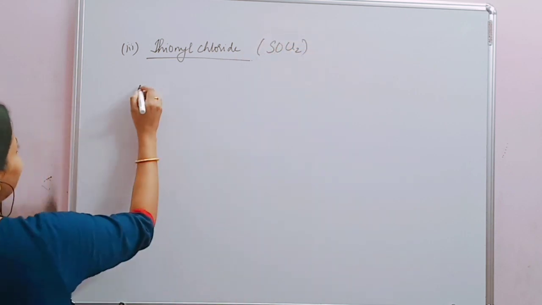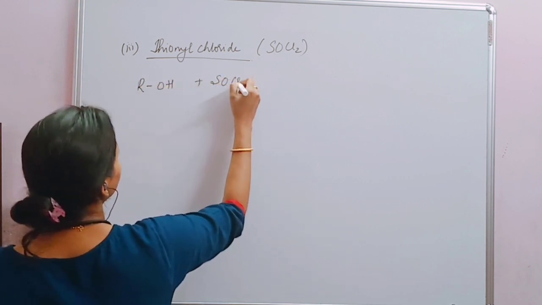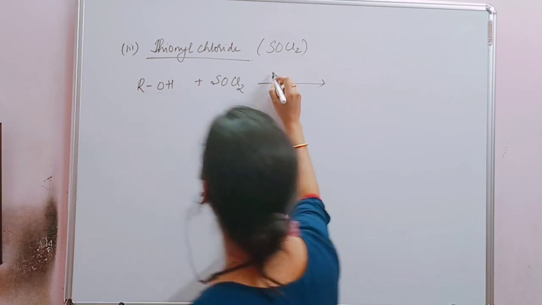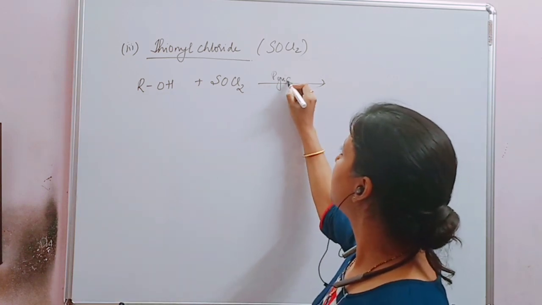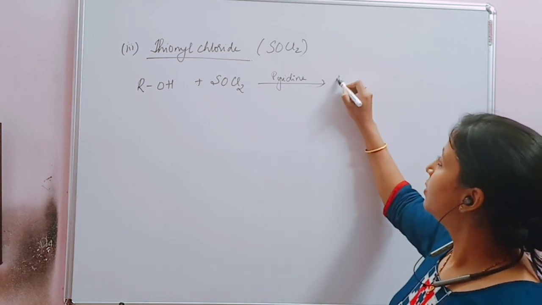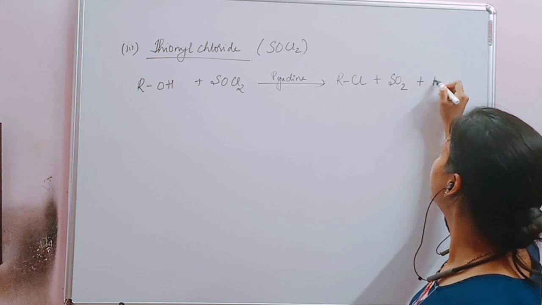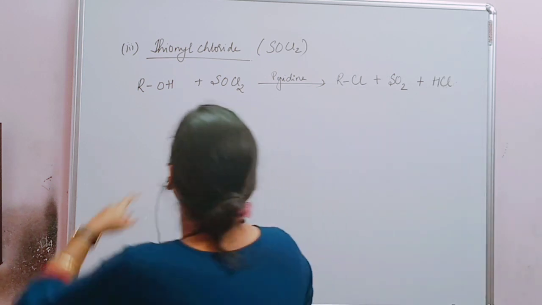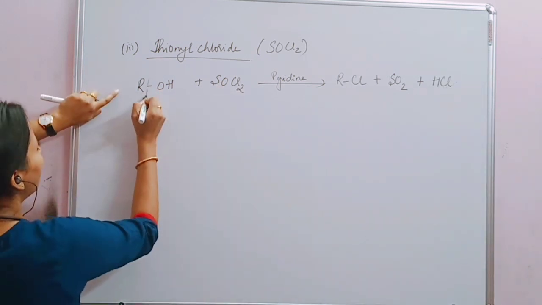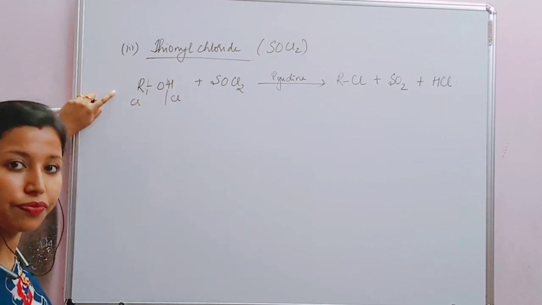We'll take the alcohol plus thionyl chloride in presence of an organic base, that is pyridine. What are the products? The alkyl halide plus sulfur dioxide plus HCl. How to remember? R goes with Cl, the other Cl goes with SO2.